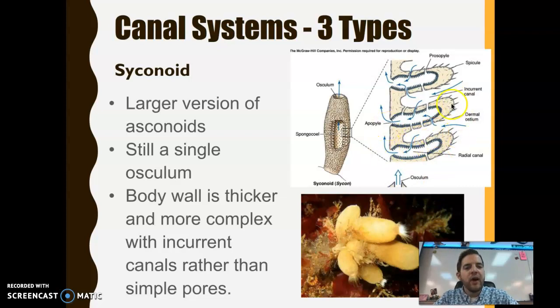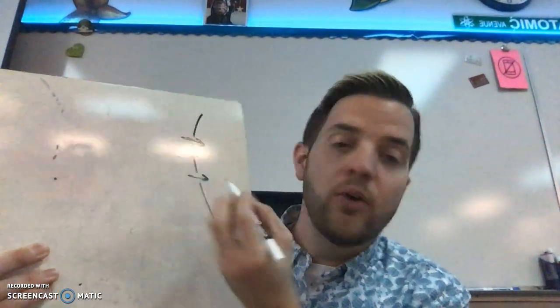And the reason they look rough is because on the outside of the sponge, there's essentially an increase in surface area. So in an asconoid sponge, the outside of the sponge is literally just a series of openings where water can just flow right in.